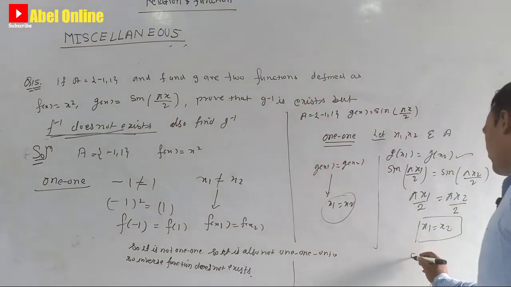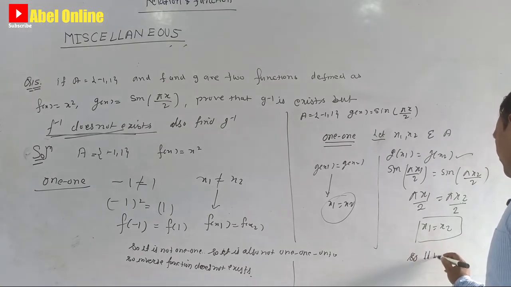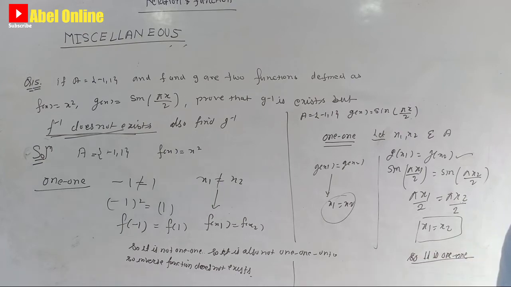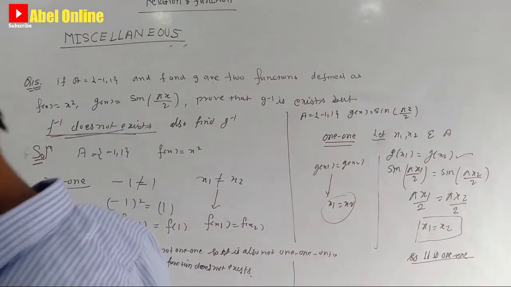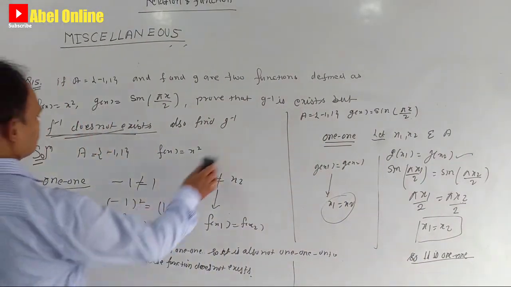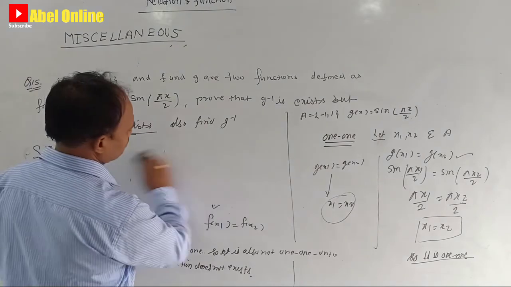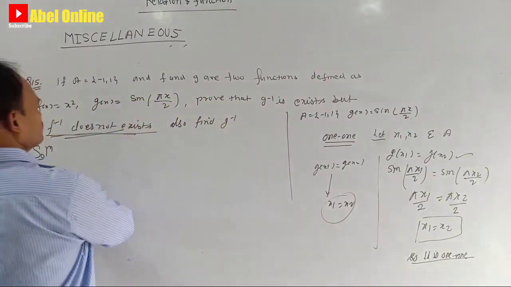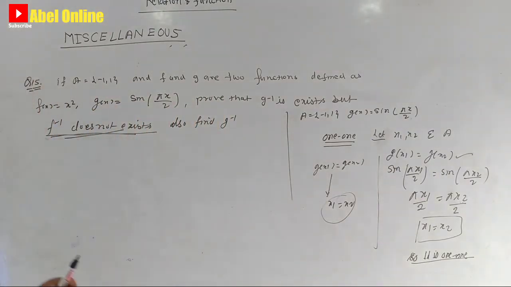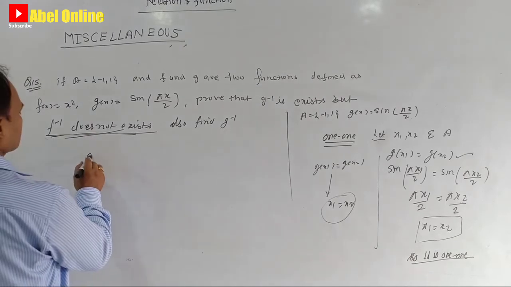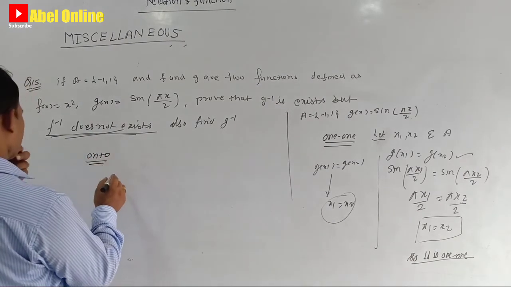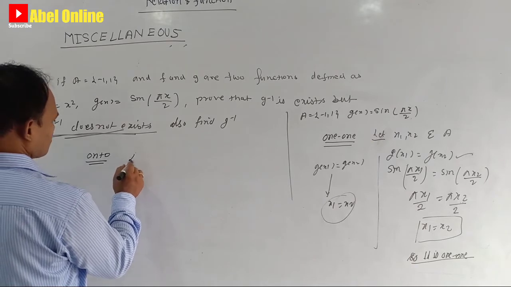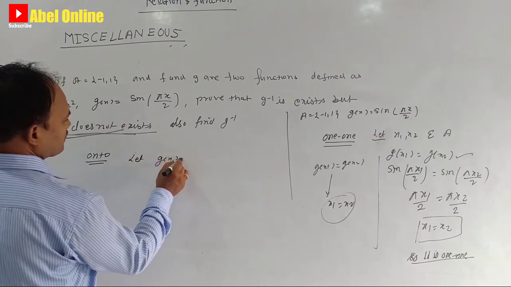So it is one-one. Now we are going to prove onto. Let g(x) = y, that is, let g(x) = sin(πx/2) = y.